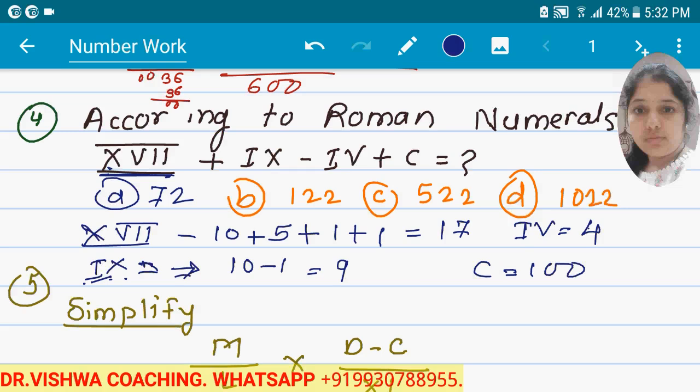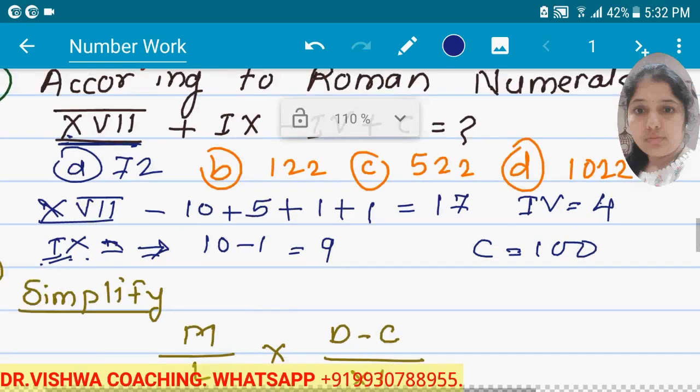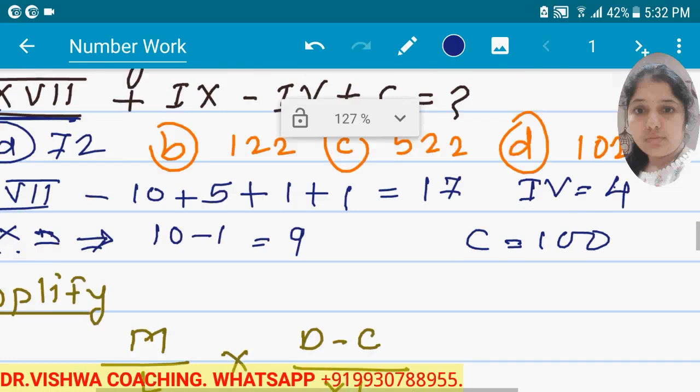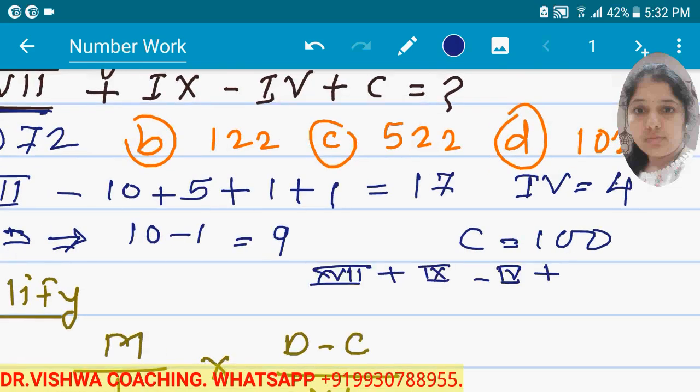Now solve this. What you have to do is add and subtract and solve the question. So what is given? XVII plus IX minus IV plus C. Now put the values. 17 plus 9 minus 4 plus 100.